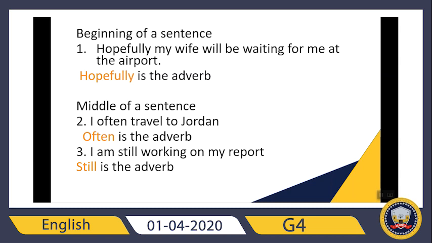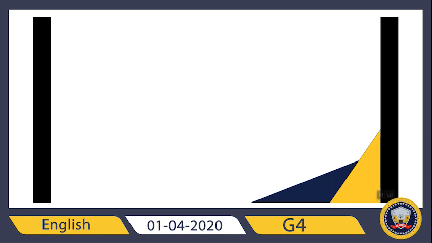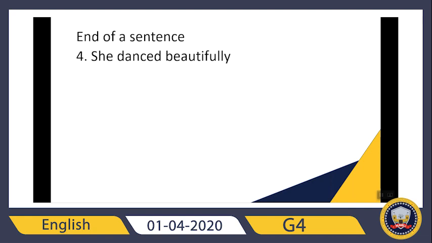So let's take a look at the last one. It can be at the end of a sentence, such as she danced beautifully. How did she dance at the party? Oh, I love the way my mom danced at the party.